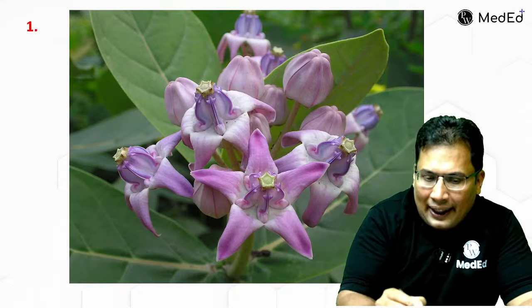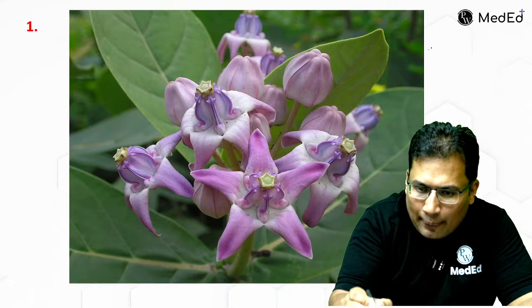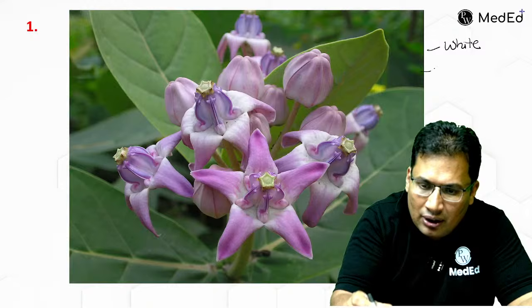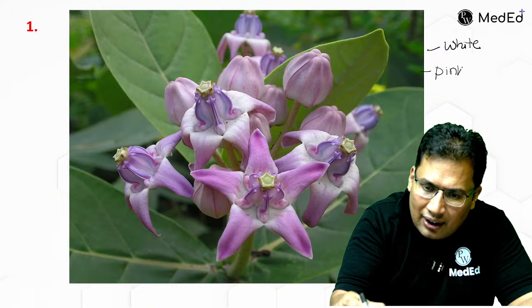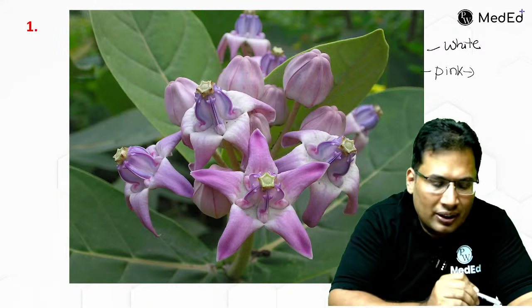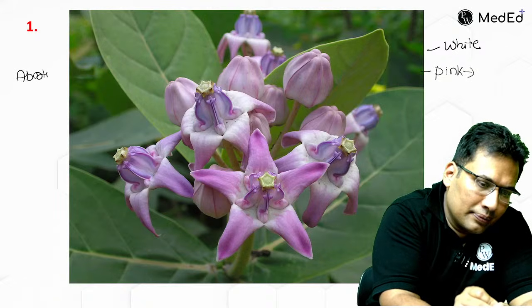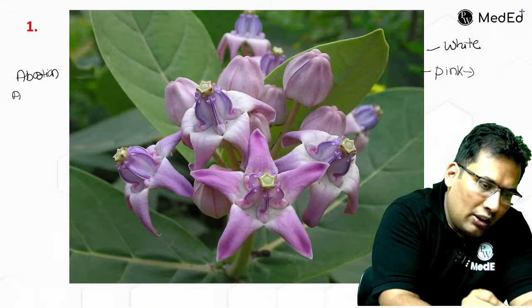This plant can be of two types. If the flower is white, the name differs. If the flower is pink, the name differs. It is used in criminal abortion and artificial bruise.